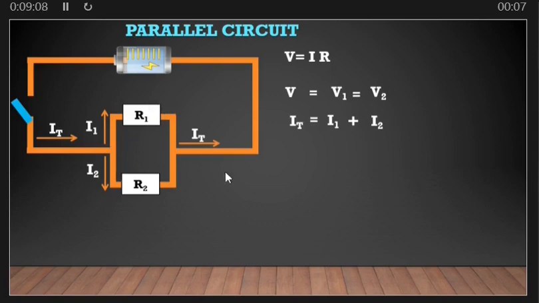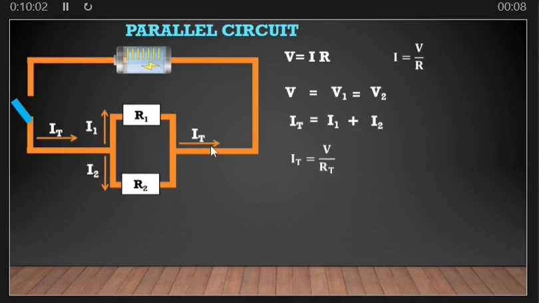For example, we know that current can also be found by voltage divided by R. So the current flowing through the circuit, which we are calling IT, can be found by the total voltage divided by the total resistance of the circuit.